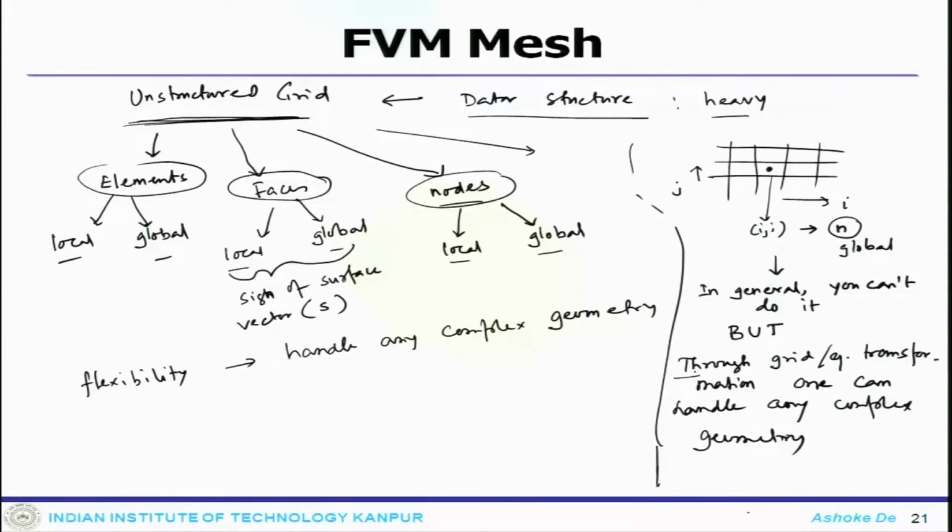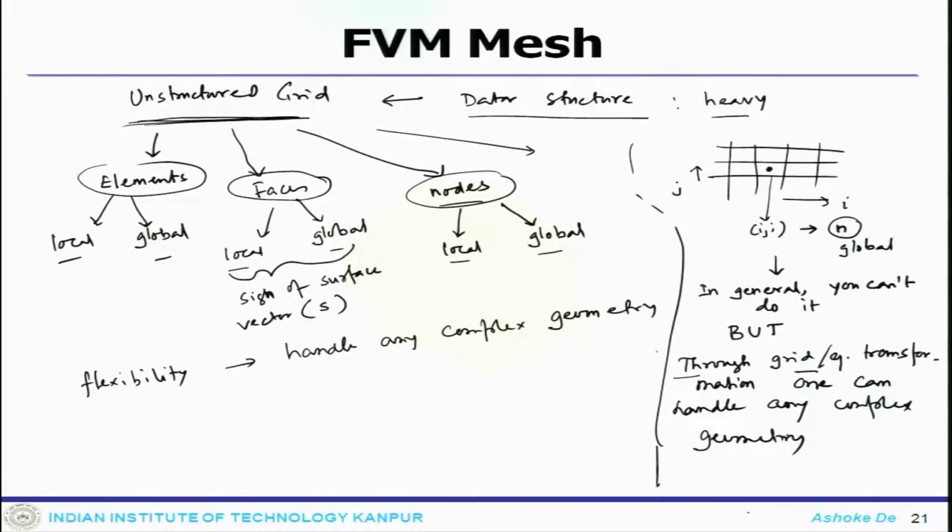But transformation means not necessarily only your grid; your equations, that means the partial differential equations, need to be transformed into a regular system or the transformed plane, solved there, and then you get back your solution to the physical plane of your complex geometry.